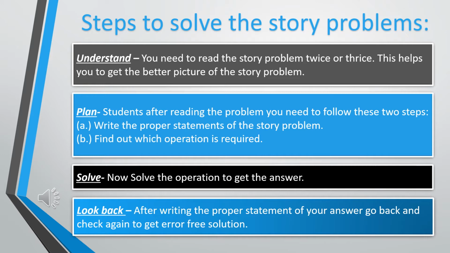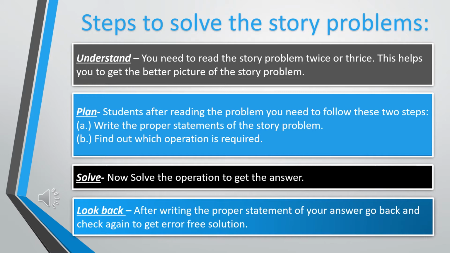And next one is find out which operation is required. Operation means whether you have to add, subtract, multiply or divide. Means you have to read the story problem, then you have to write the statement, and then you have to find out whether you have to add, subtract, multiply or divide. Now, third step is solve. Now, solve the operation to get the answer.